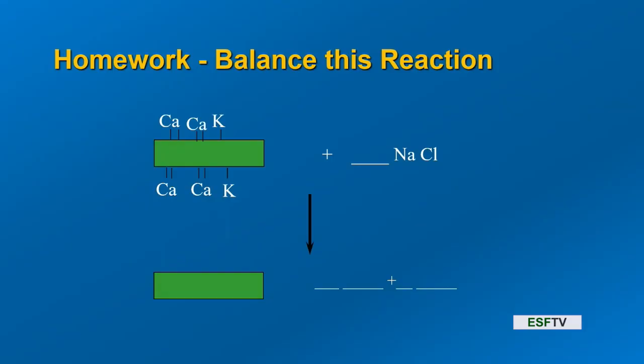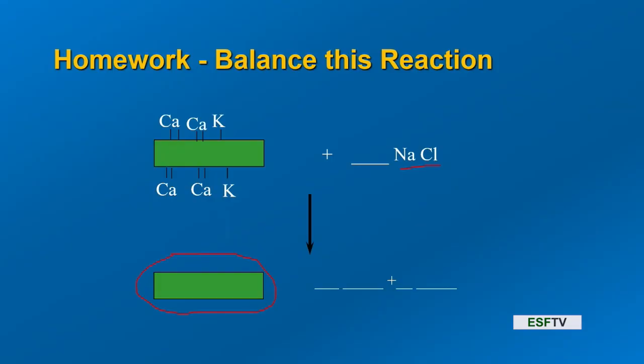And we have here 2 calciums, 3 calciums, 4 calciums, right? And a couple potassiums. And we're going to displace that with sodium chloride. So your job is to finish this reaction at home. We'll look at it next week and tell me what this end looks like.